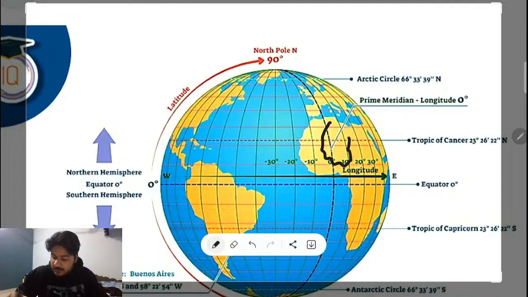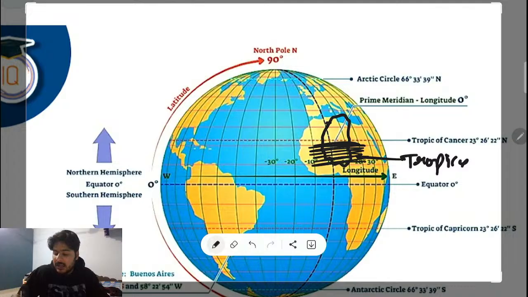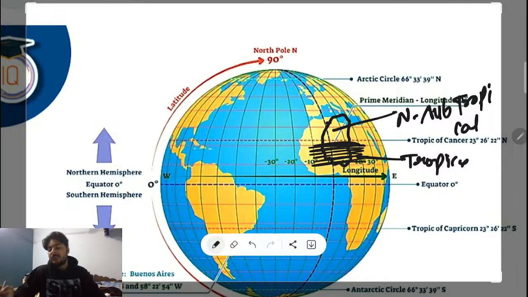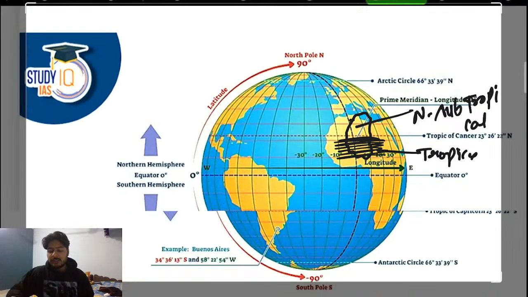This is the position of India. This means the southern part of India is in the tropical area, and northern India is in the subtropical area. Got it? These are the two things that you need to understand.